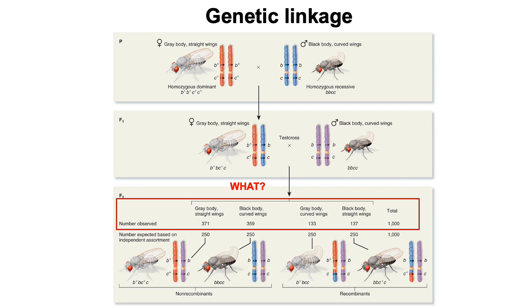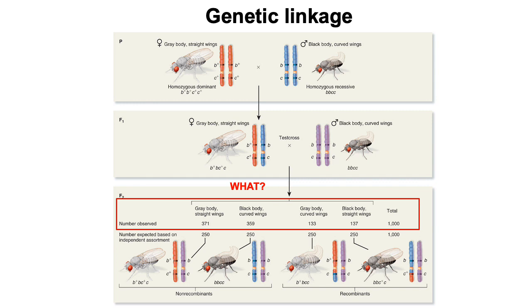We had over 300 of the gray body straight wing flies, 371, and we had 359 of the black body curved wings, etc. So the actual data do not support very well our hypothesis of an expected 1 to 1 to 1 to 1 ratio of each phenotype being present in about equal numbers.